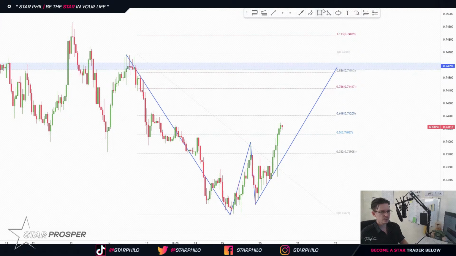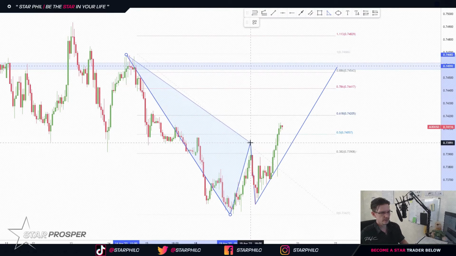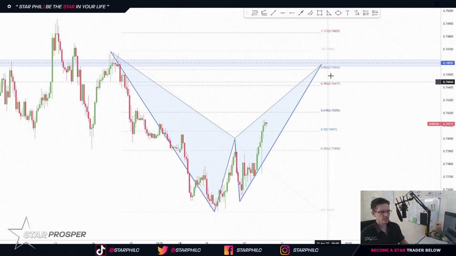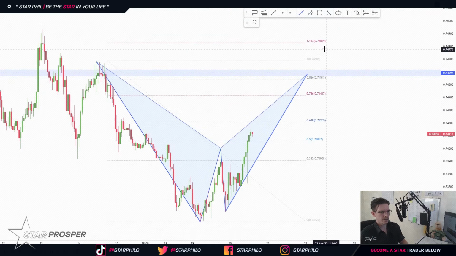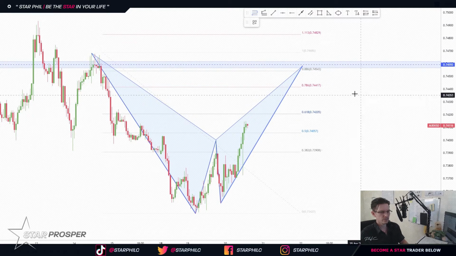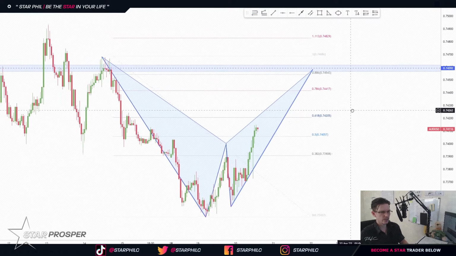So the D completion is at the 886. So drawing a triangle tool, X to A to B, B to C, and C to D. So our potential shorting opportunity would be at the 886. Our stops would be at the 113, and our targets would be at a 382 and a 618.